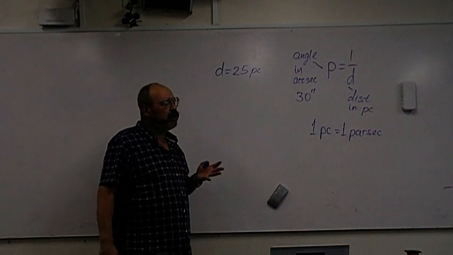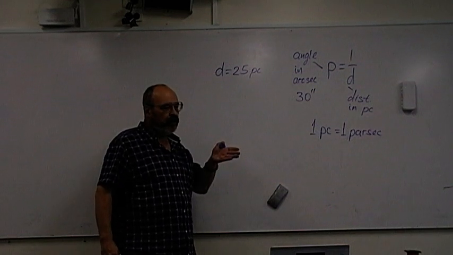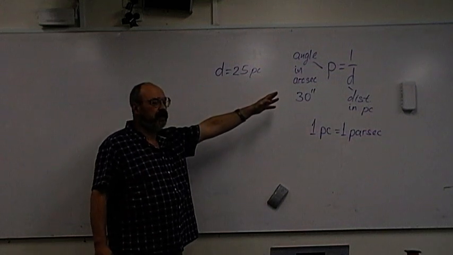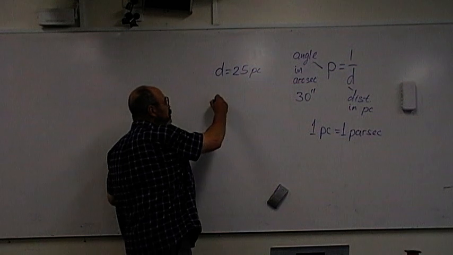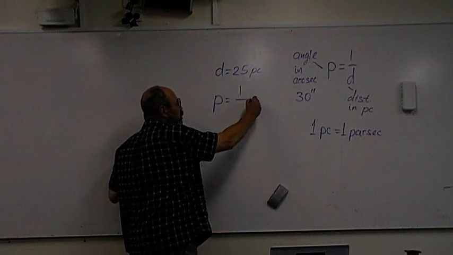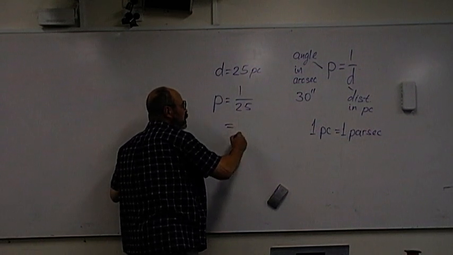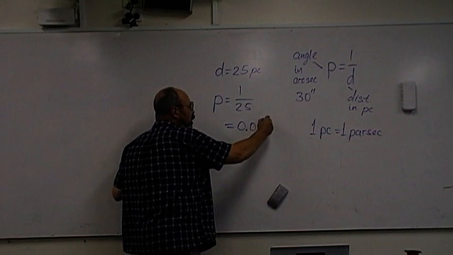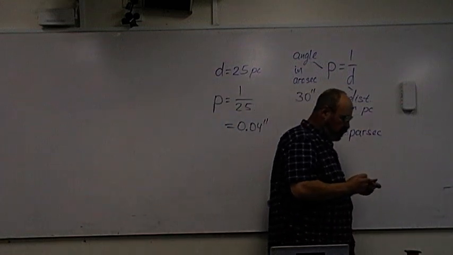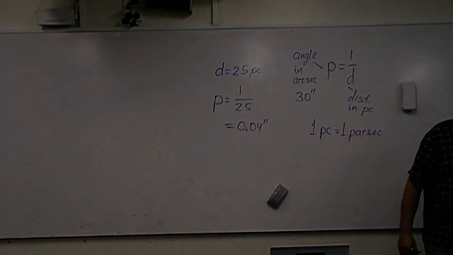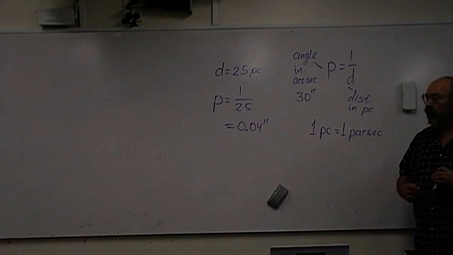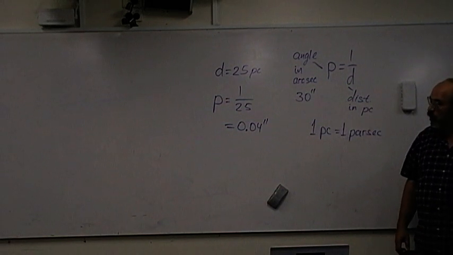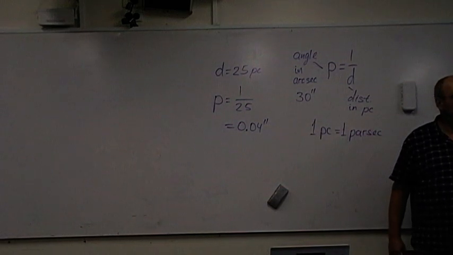Not we will see it, at what angle the radius of Earth orbit will be seen from that star. P equals 1 over 25 equals 0.04 arc second. So if a star is 25 parsecs away, the radius of Earth orbit will be seen at 0.04 arc seconds.